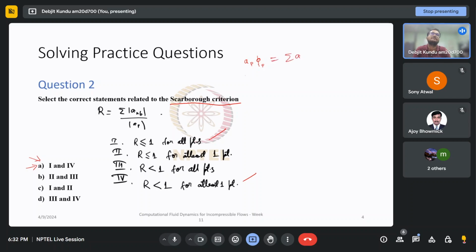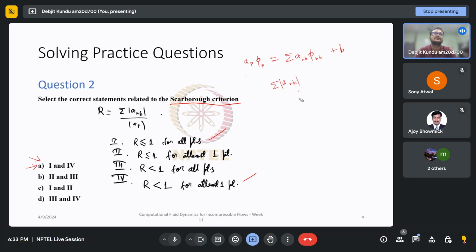So where AP phi P is equal to the sum of A NB phi NB plus some B, which takes care of the source term. So for convergence of this, the summation of the absolute values of these A NBs, and the absolute value of AP, this ratio has to be less than 1.